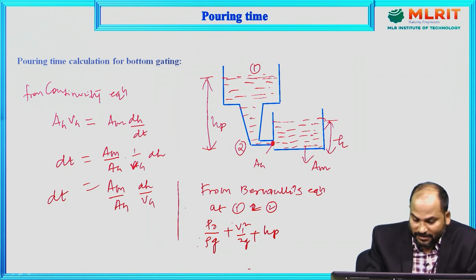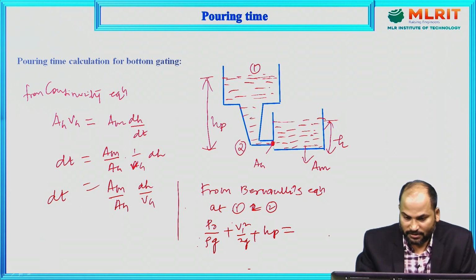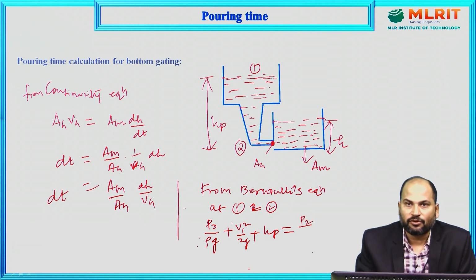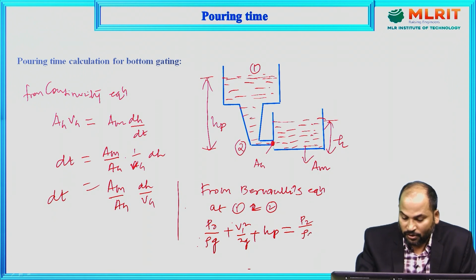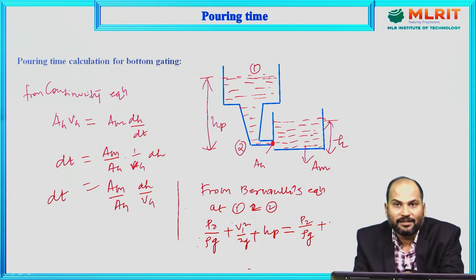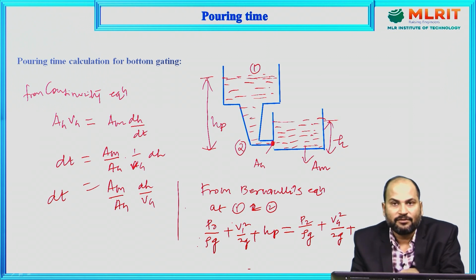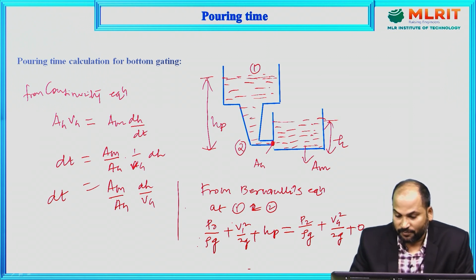This is equal to the pressure at this section, P2, which is not atmospheric since it is not open to the atmosphere, so P2 upon rho g plus V2 square, and V2 is nothing but the velocity at this gate opening, so it will be VG, VG square upon twice g, plus, taking this as the reference, this one will be 0.